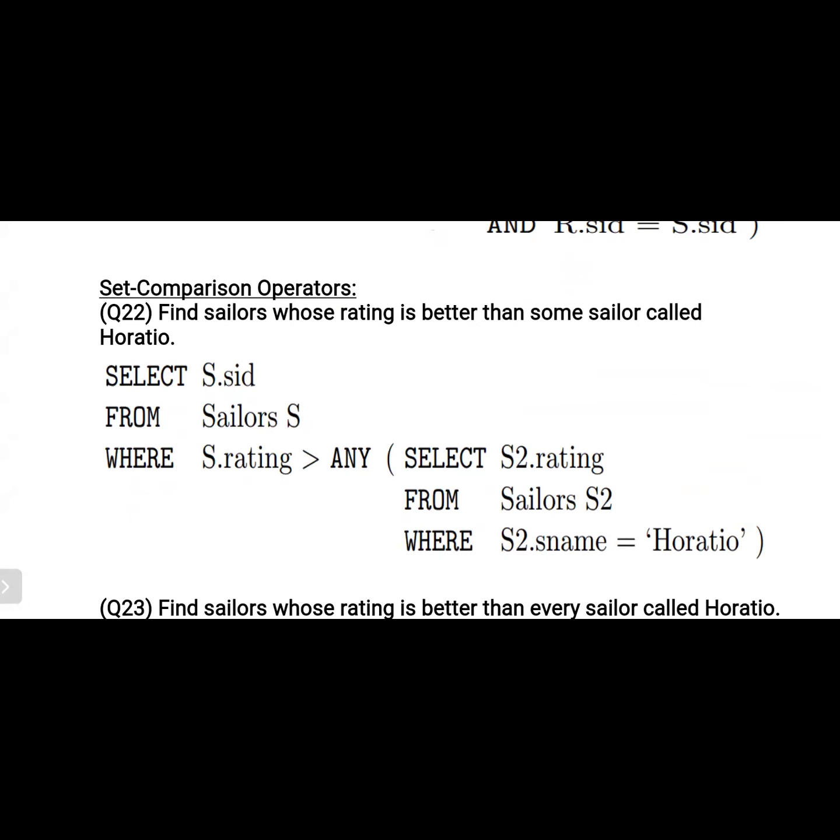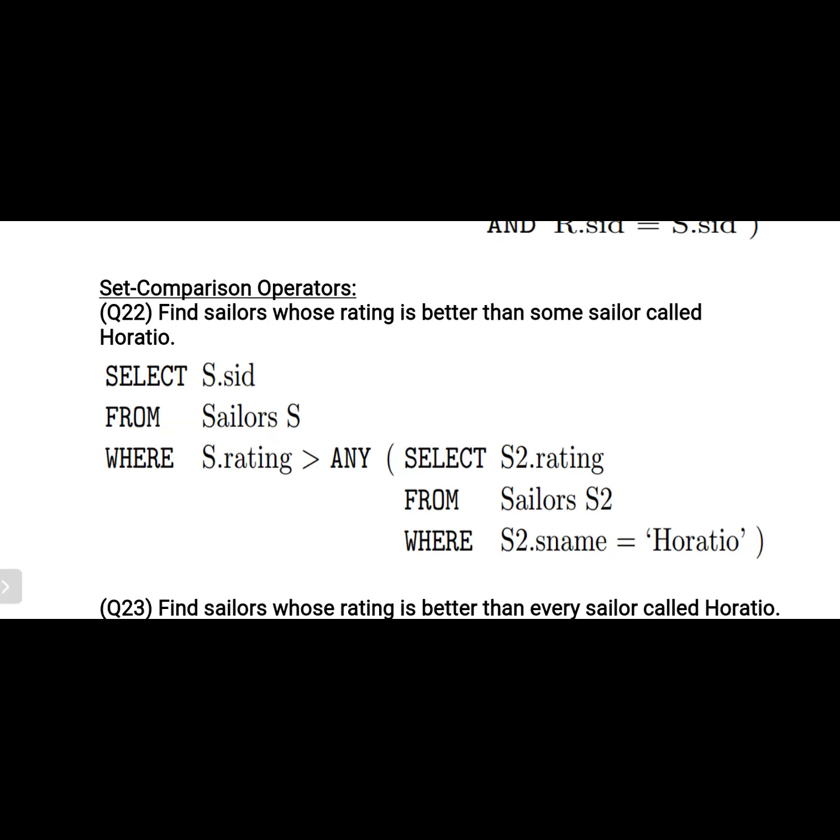Okay, first of all, try to observe the question: find the sailors whose rating is better than some sailor called Horatio. That means whose rating is better than that sailor, who will be referred to as Horatio. How can we write that query?